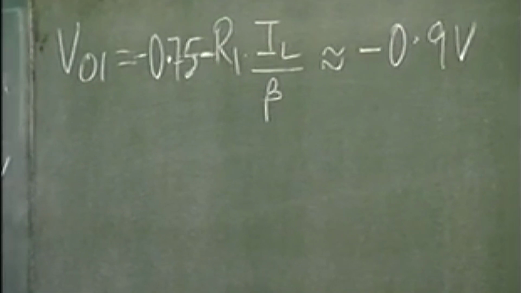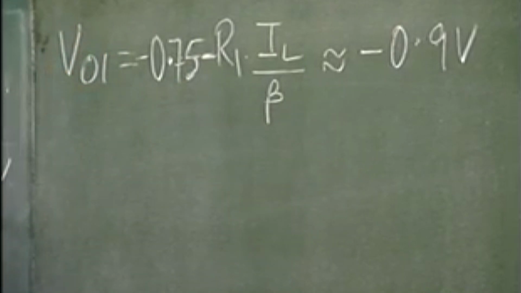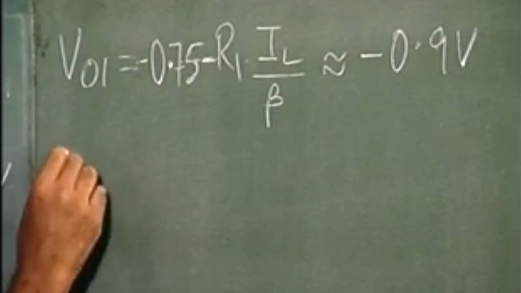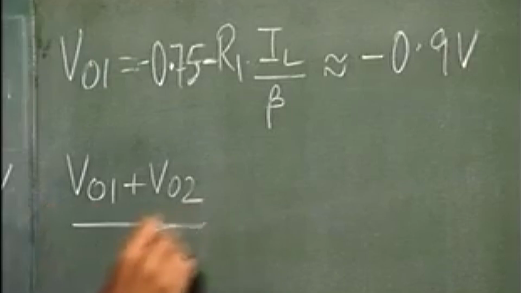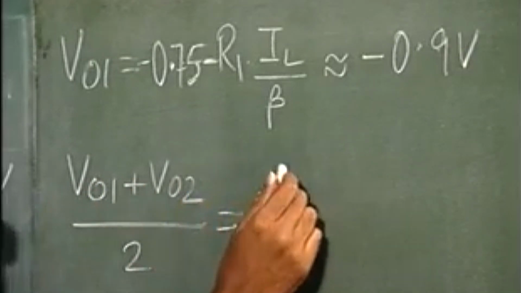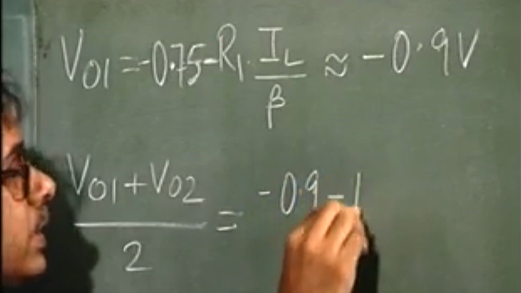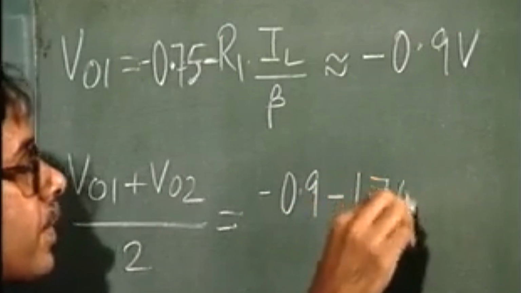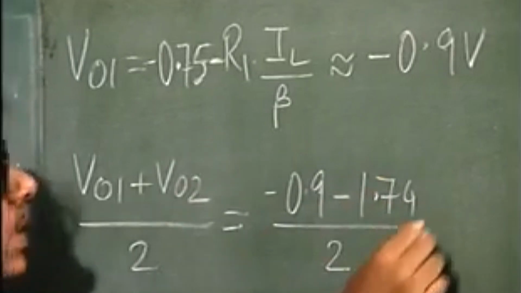In fact, this has been designed assuming this, in which case what you have is VO1 plus VO2 by 2 is equal to, what is VO1? Minus 0.9 and VO2 is minus 1.74, by 2. What is this equal to?